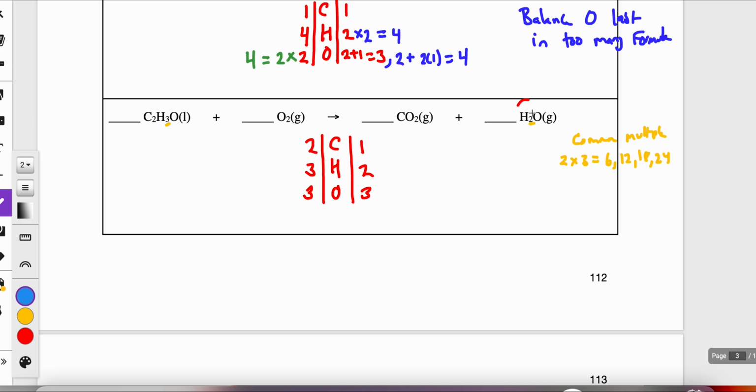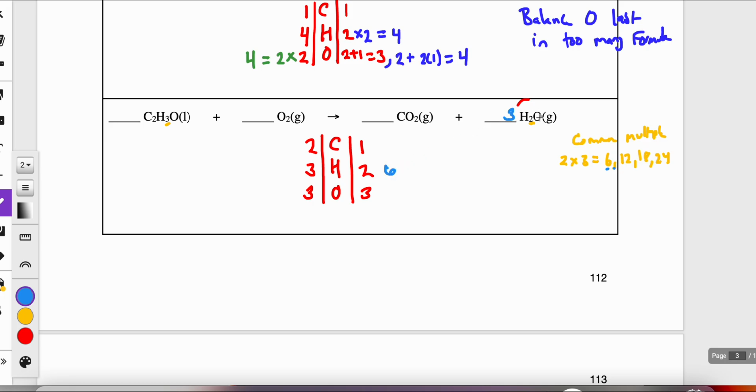So I have a 2 here and I have a 3 here. So if I start here, and to get to 6, since that's the smallest one, I would put a 3 here. This 3 belongs to the H in the water and the O in the water. So it changes my hydrogen count from 2 to 6.